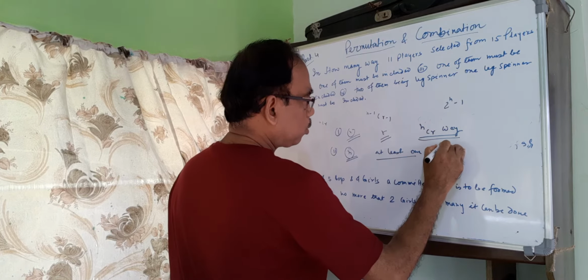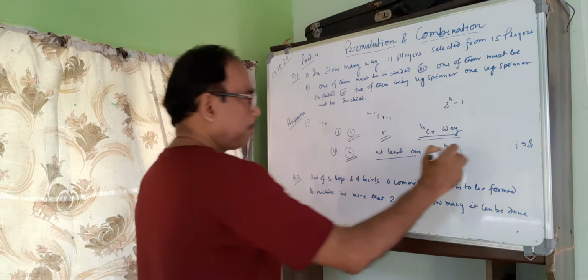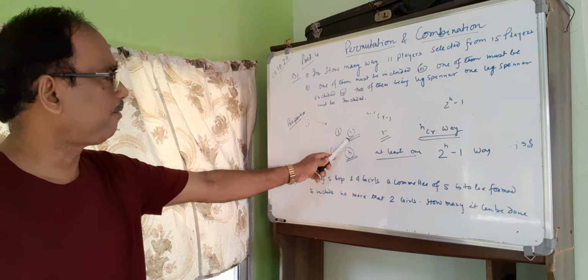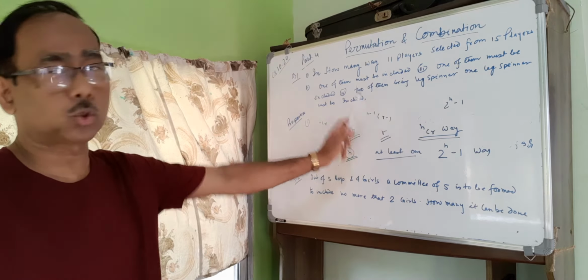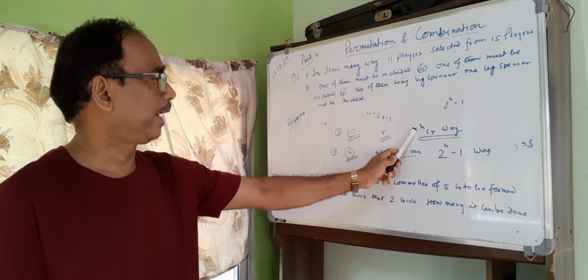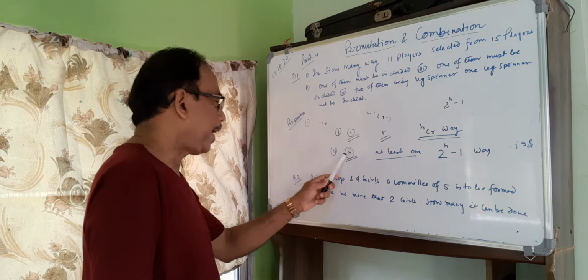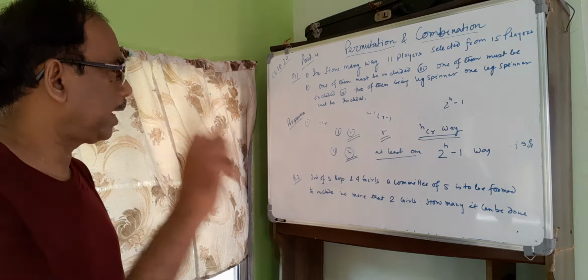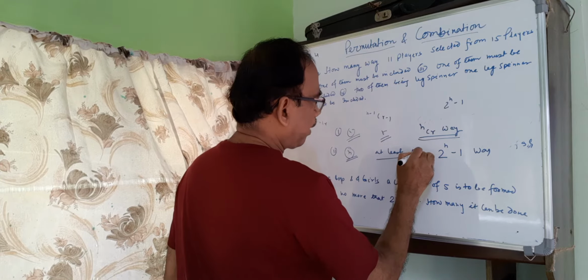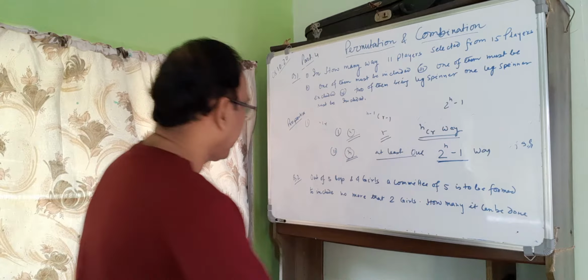This can be done in 2 to the power n minus 1 ways. So property number 2: first one, from n different things we have to select r different things, that can be done in nCr ways. From n different things we have to select at least one, that can be done in 2 to the power n minus 1 ways.